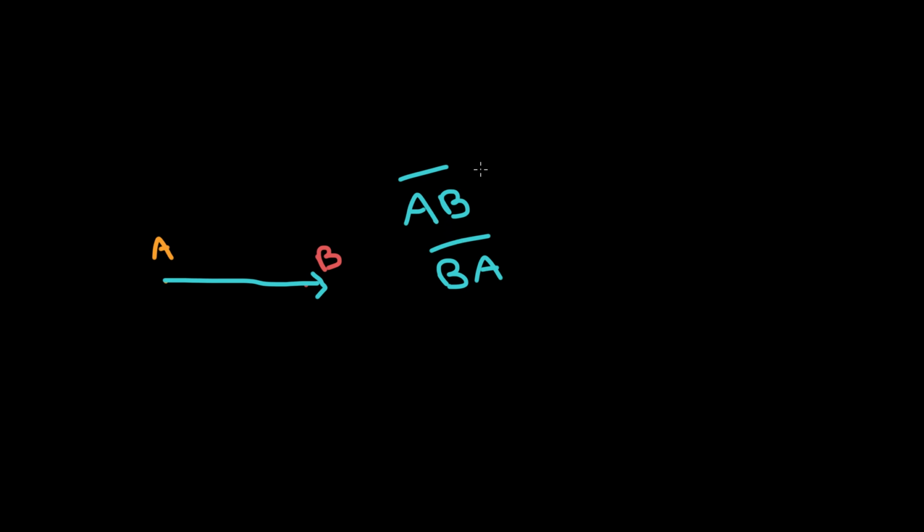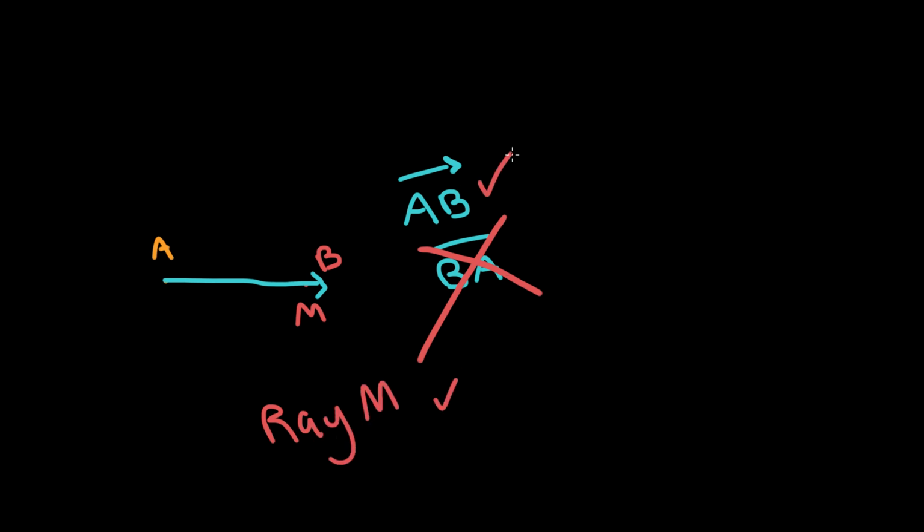So when we label it, we could also say, ray A to B. However, we cannot say ray BA, because that would indicate that the line goes from B to A and continues past A. So when we're talking about rays, we can only label it 1 or 2 ways. We could also call this ray M, just like we did before. So we could call it ray M, that works, or we could call it ray AB, but never ray BA.